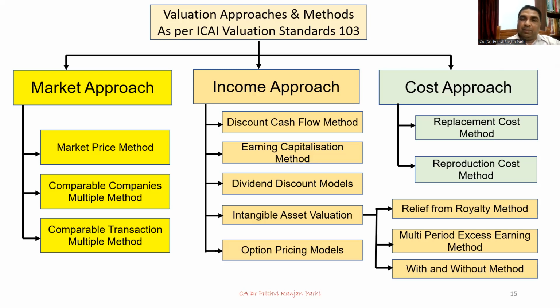And one more method is there, that is referred to as reproduction cost method. Here, the cost to recreate a replica of the asset is considered, and that is regarded as the value of the asset under cost approach.